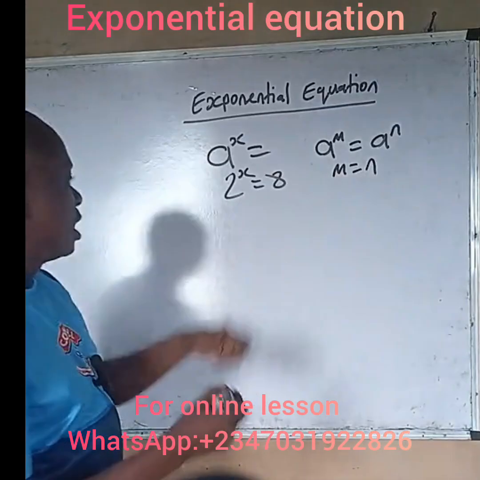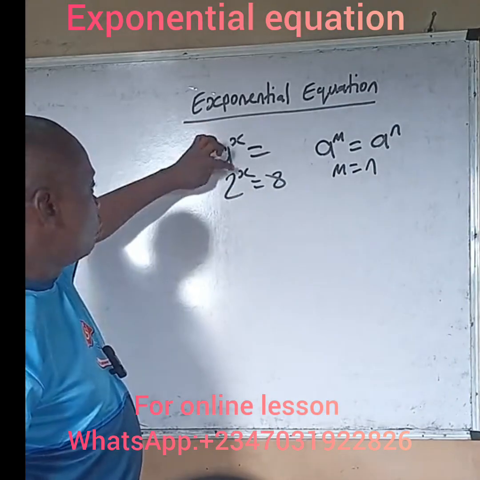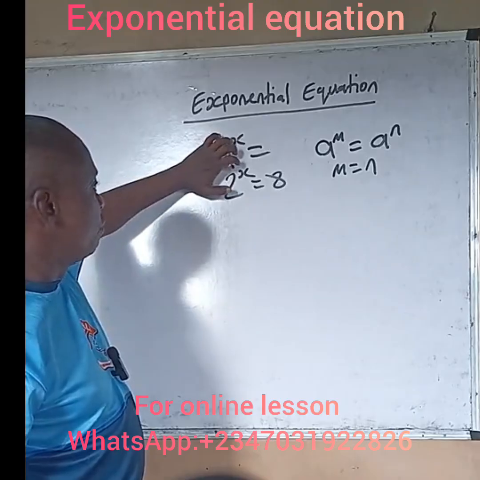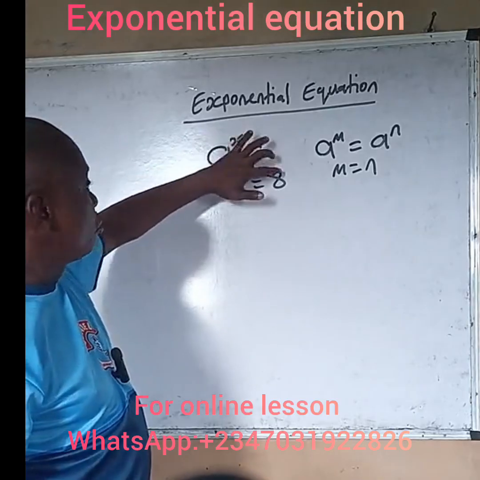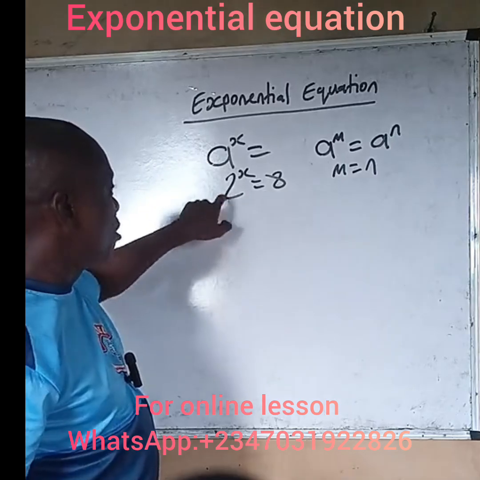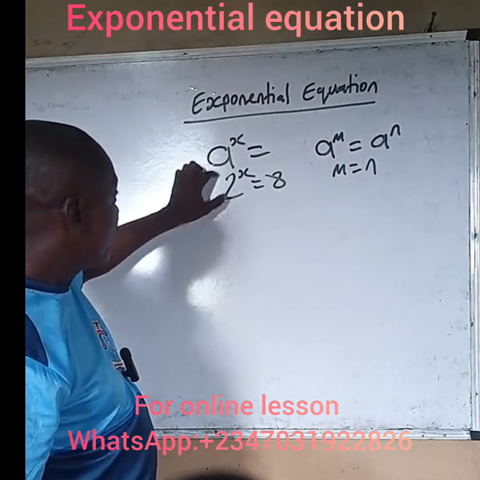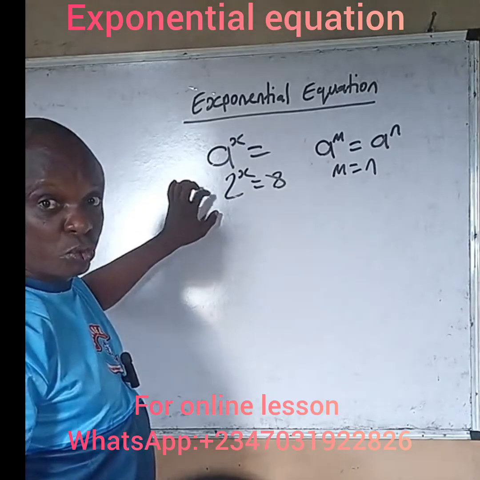So if I have something like this to solve, we are looking for x, which is the variable, and it's at the exponential point. All I need to do is to express them to have the same base. The smallest base I have here is 2. There's nothing that multiplies by itself to give you 2, so 2 is the smallest base.